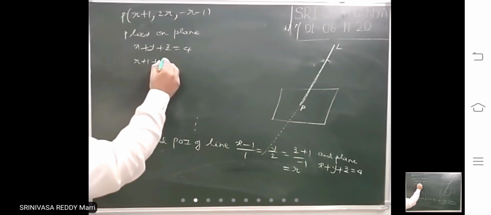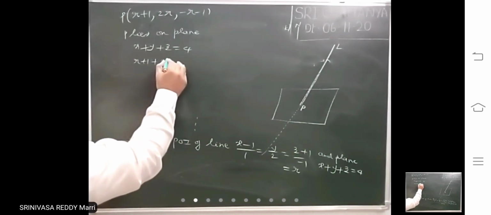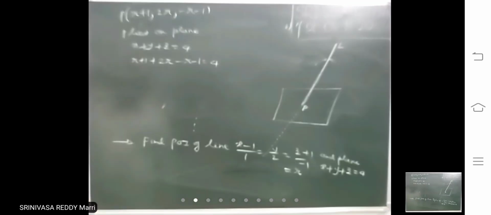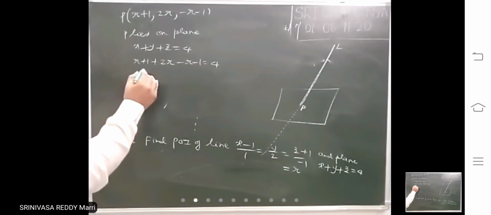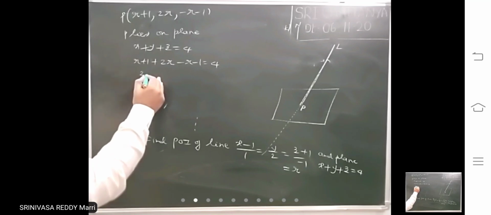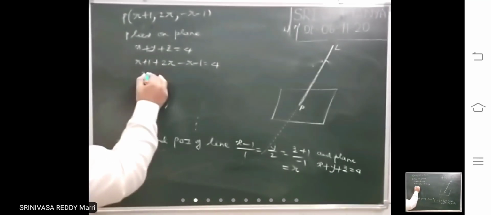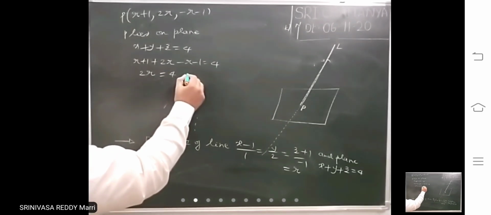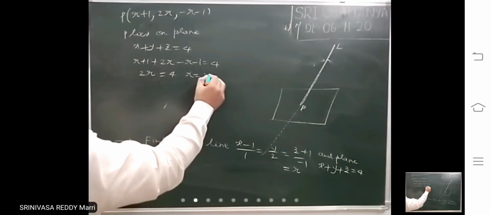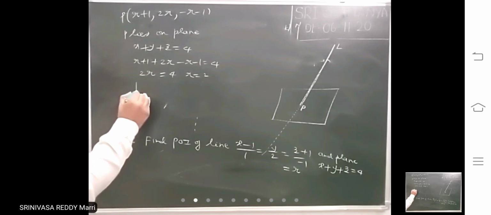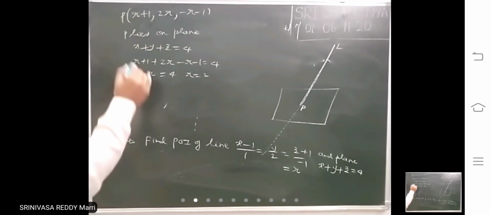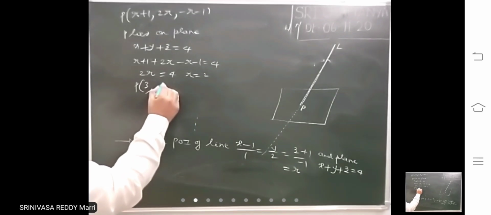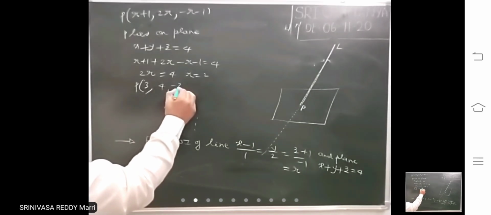So R plus 1 plus 2R minus R minus 1 equals 4. That means 2R equals 4, so R is 2. Therefore, the point P is 3, 4, minus 3.